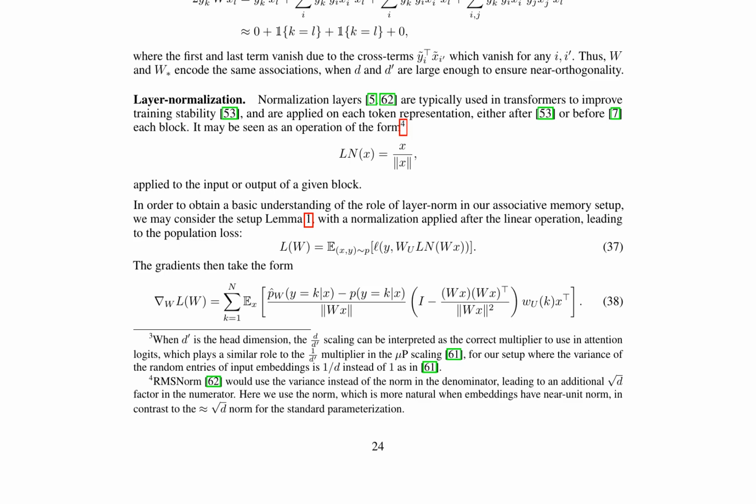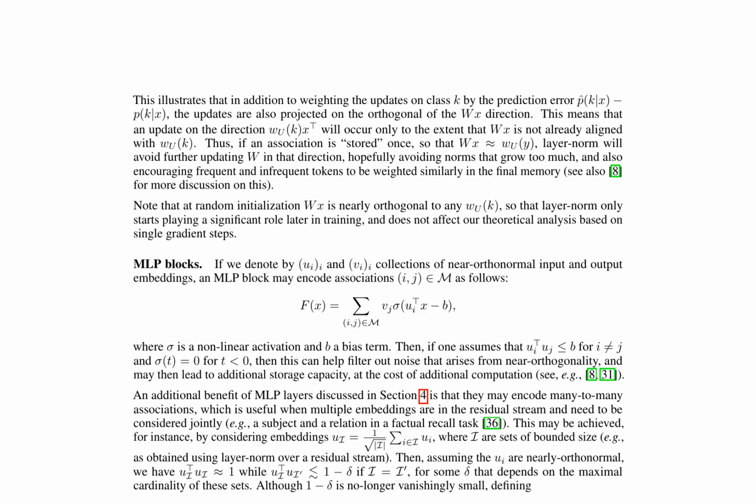The key insight from this section is that the authors' memory viewpoint can be extended to more complex transformer architectures, and that layer normalization plays a crucial role in stabilizing the training process. The authors provide a detailed mathematical treatment of the topic, including the derivation of gradients and the analysis of the associative memory properties. Here is a combined summary of pages 25 and 26 of the research paper.